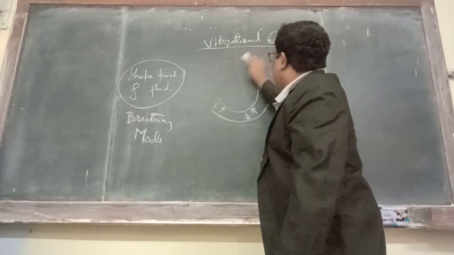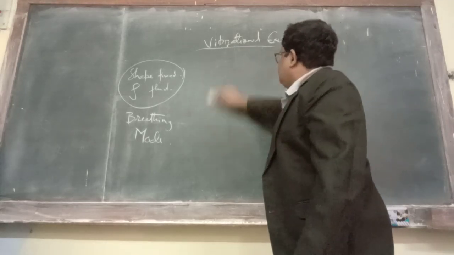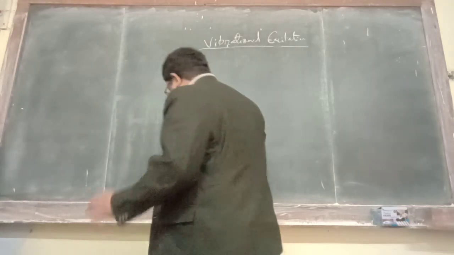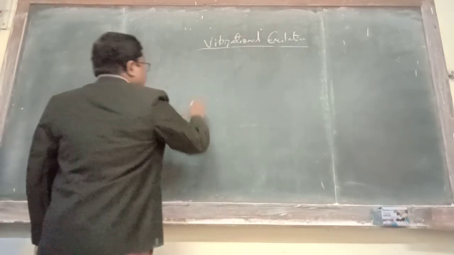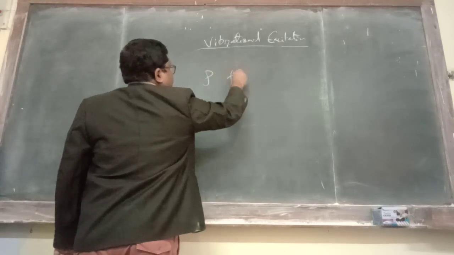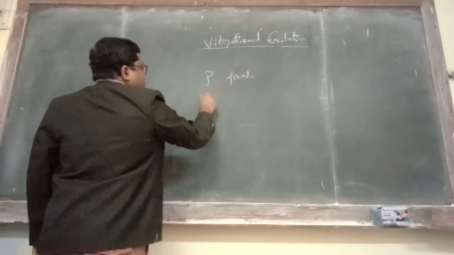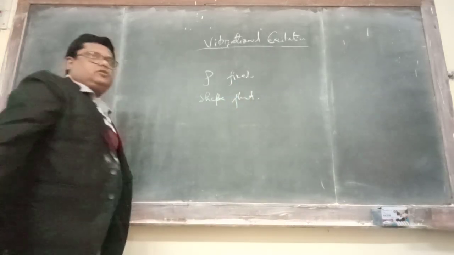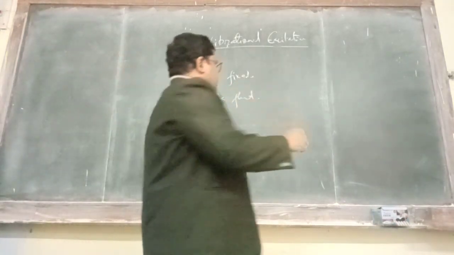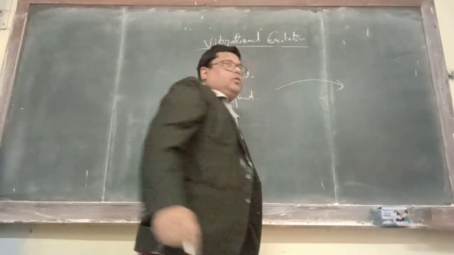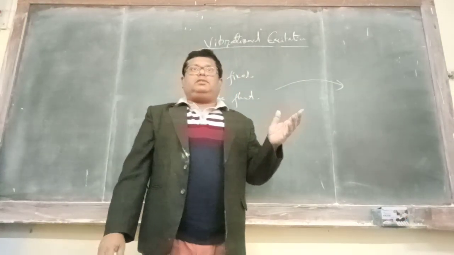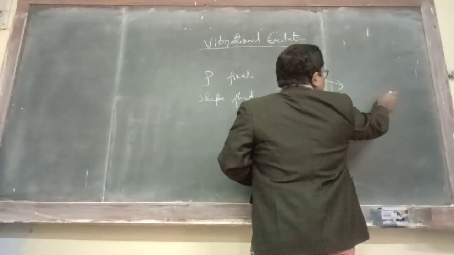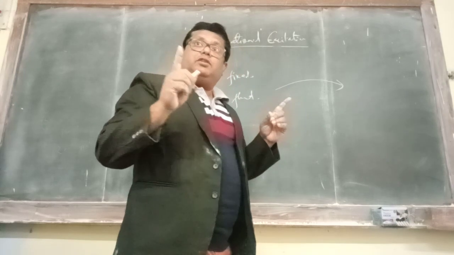Now let me talk about another very basic structure, a low energy excitation. Density is fixed, and let me talk about shape fluctuations. There are so many possibilities of shape fluctuation. First possibility: what are the constituents of the nucleus? Protons and neutrons, right? I am talking about a perfectly spherical nucleus, remember.